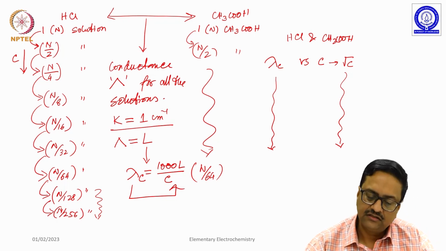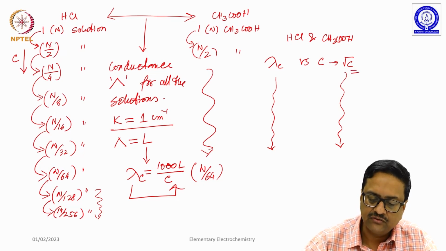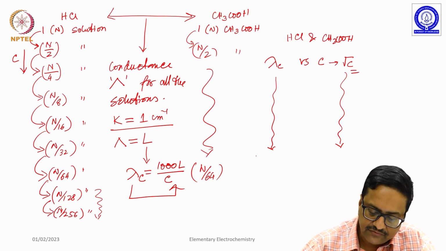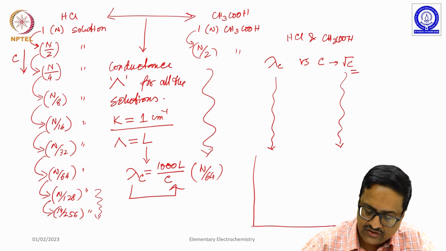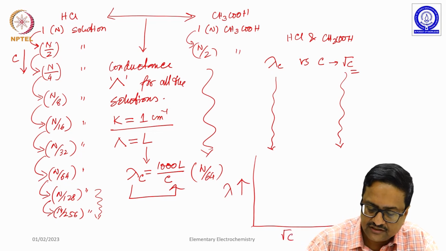Then we will plot those values of the equivalent conductance versus square root of C, and we will verify the plot which we have drawn in the previous slide, that is lambda versus square root of concentration.